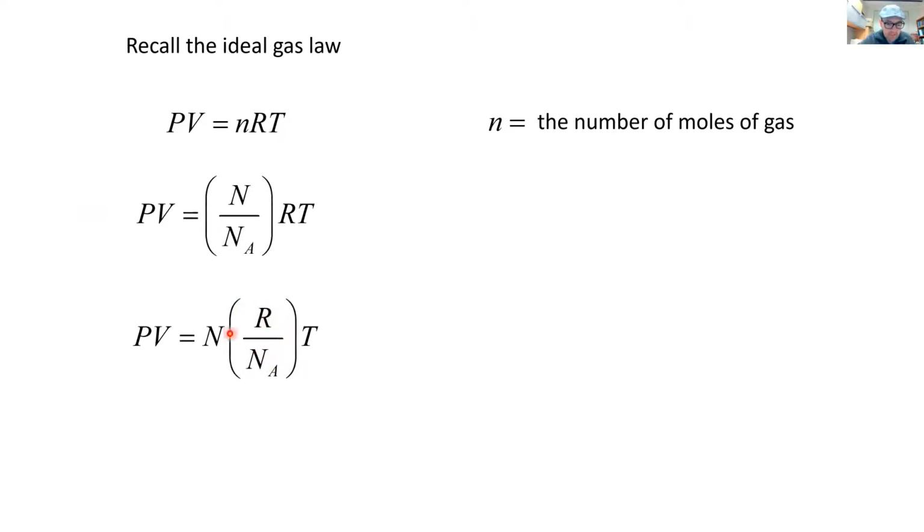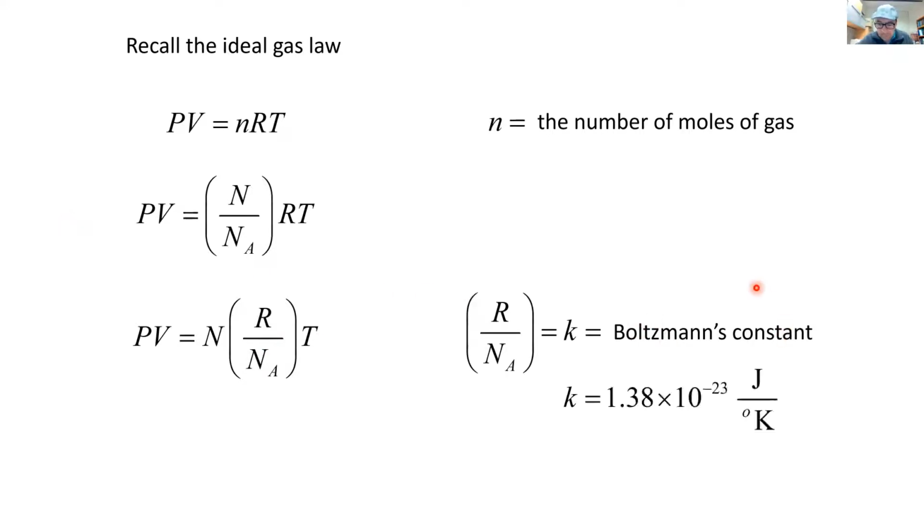So those are constants. And in fact, that ratio has a name. It's Boltzmann's constant. It has this value. And it's an important constant that shows up in lots of areas of physics. So the ideal gas law can be expressed either this way or this way. And we're going to use this one in the next slide.